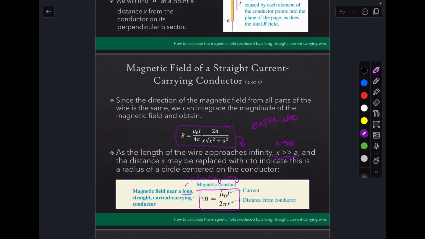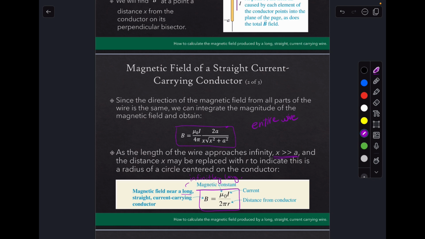So this whole wire of length 2a, the magnetic field due to that piece of current carrying wire of length 2a is going to be this value. And in the same way that in the example where we found the electric field due to that line charge, we're going to expand this and take a look at this function when we let x become much, much larger than a.